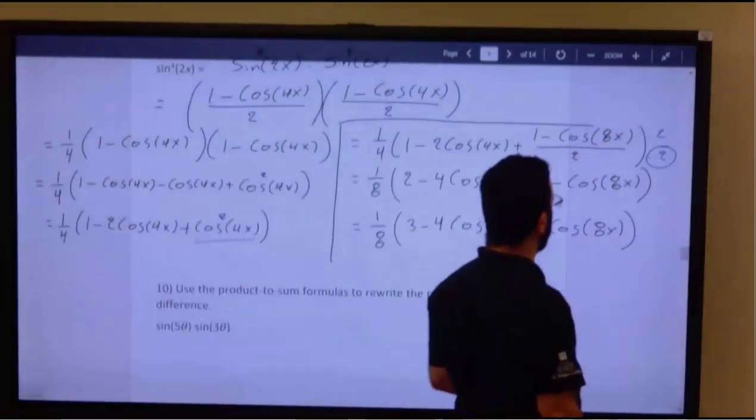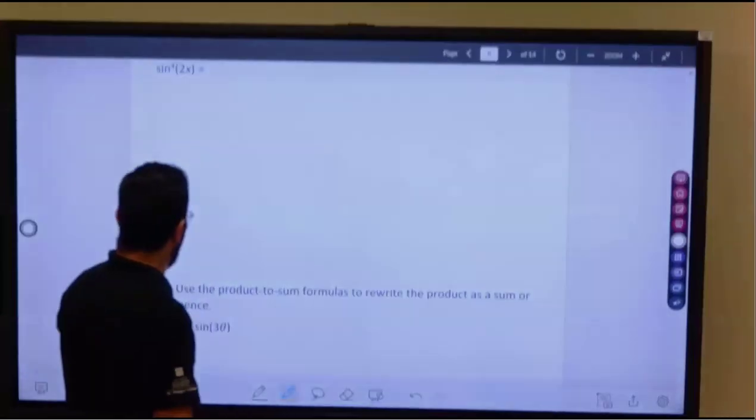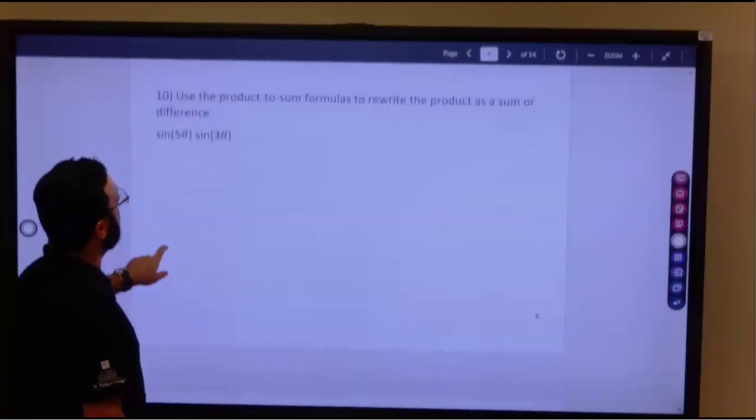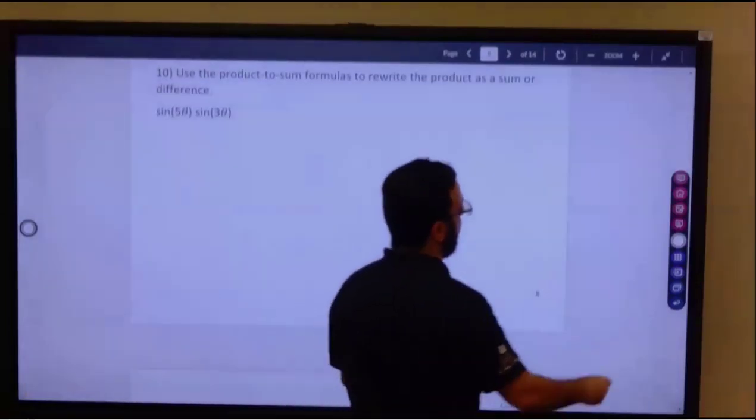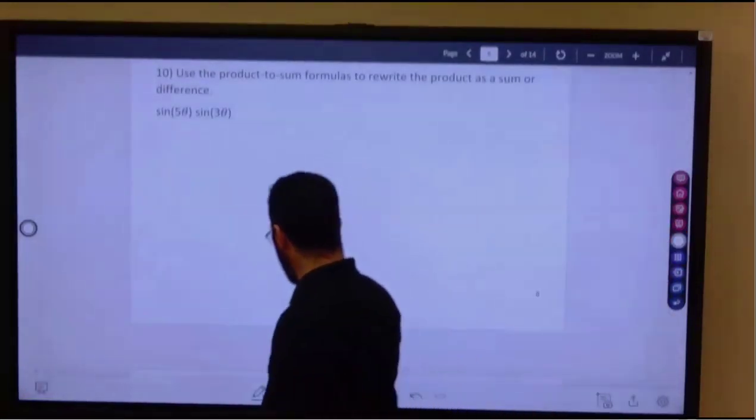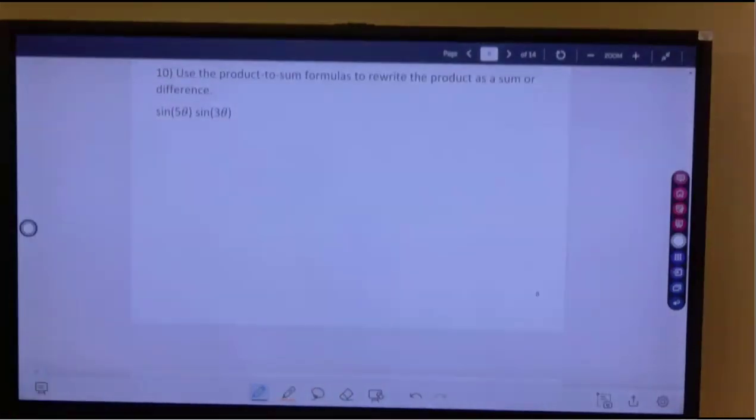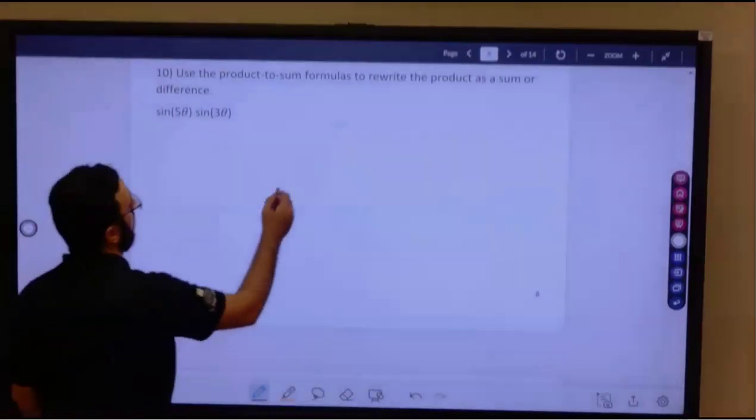Next example, number 10. We need to use the product to sum formula. First of all, you have to know the formula.